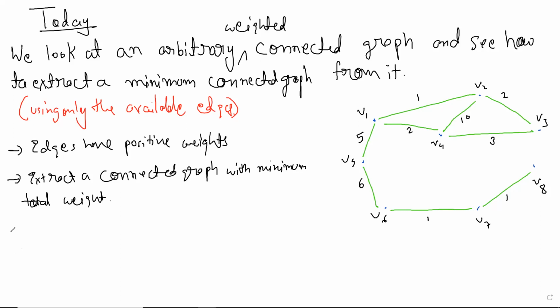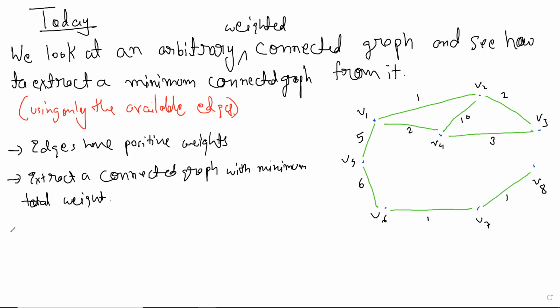And as a side point, when we said extract a minimum connected graph, we meant extract a tree initially. This tree is using all the vertices, so it's also known as a spanning tree, as you can understand, the spanning. But never mind.